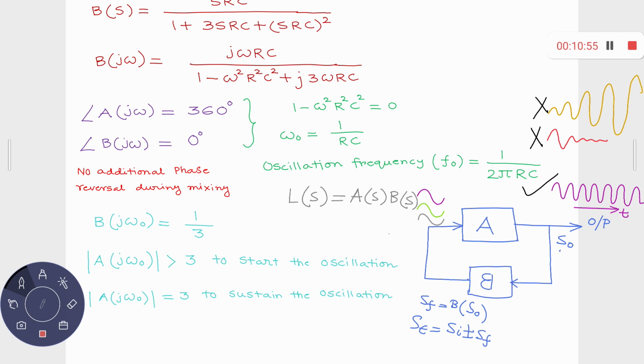For the phase shift oscillator, the f naught was coming to be 1 by 2 pi root 6 times RC. For the Wien Bridge oscillator, as you can see over here, this oscillation frequency is given by 1 by 2 pi RC. So for given R and given C, this oscillation frequency is a fixed one.